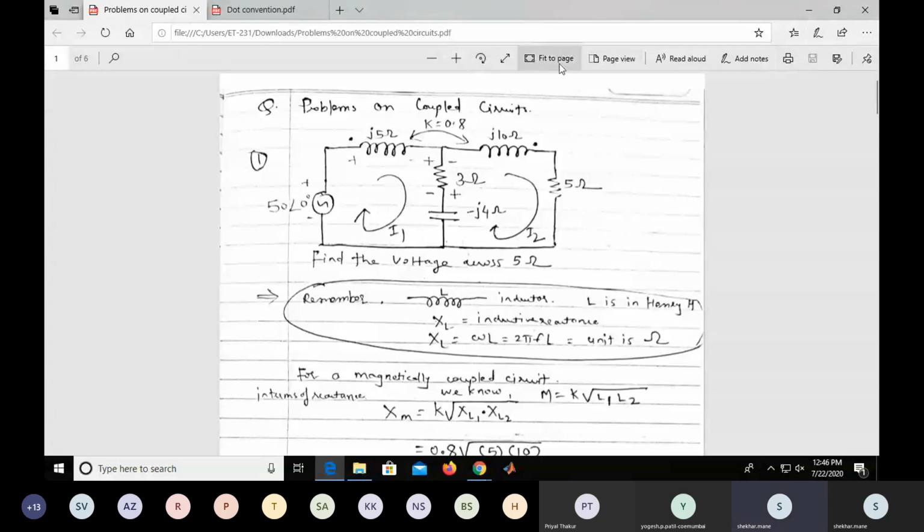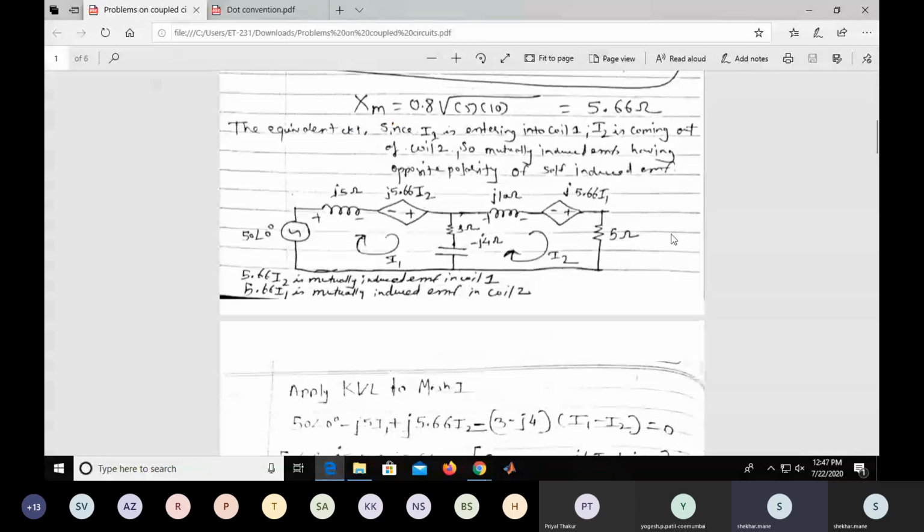Have you understood this? I1 is entering into the dot and I2 is coming out of the dot. That's why the polarity of the mutually induced EMF is opposite to that of the self-induced EMF. So accordingly, we have to draw the circuit.